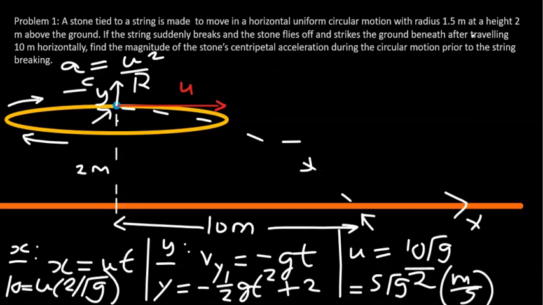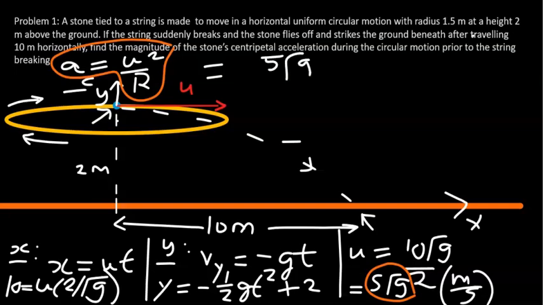Having found u, we can use this equation, the centripetal acceleration equation, to get the magnitude of the centripetal acceleration. Note that the magnitude of the centripetal acceleration is u squared, which in this case is 5 square root g, squared, divided by the radius of that original circular motion, that is 1.5 meters.